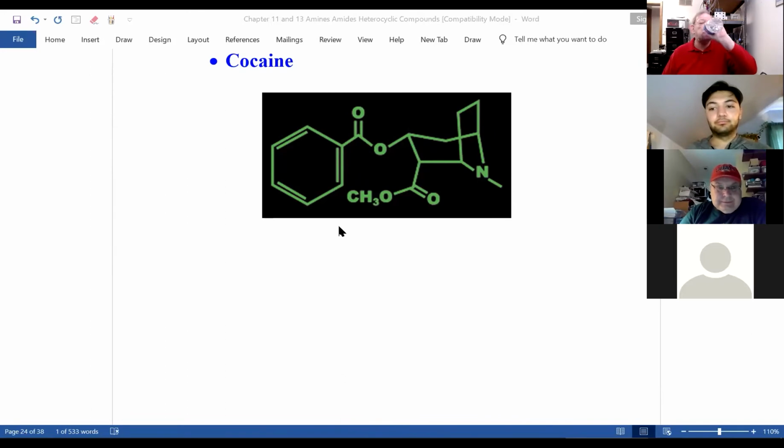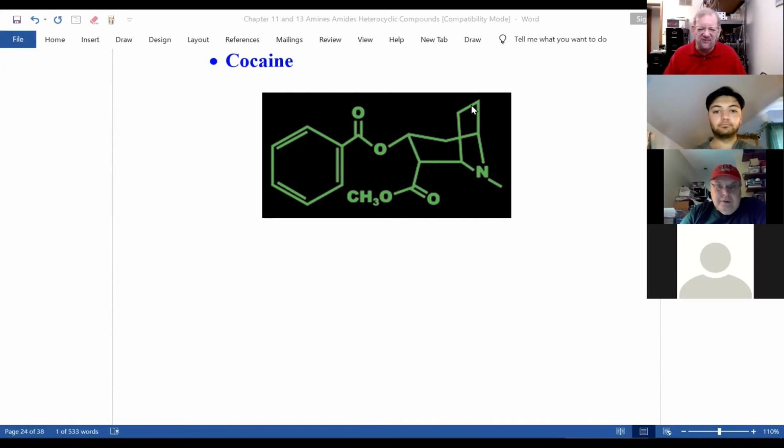But for many years now, this has been a street drug, cocaine. And if you look at it, you have a nitrogen, carbons here and here, a methyl group here, end of a line. You have an ester here, an ester here, and this is a molecule that has enormous effects on people's physiological state. How? I have no idea, but now you're starting to see this.